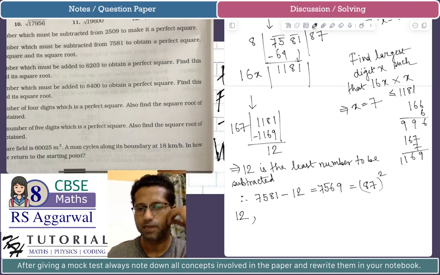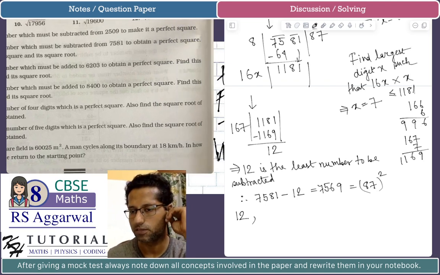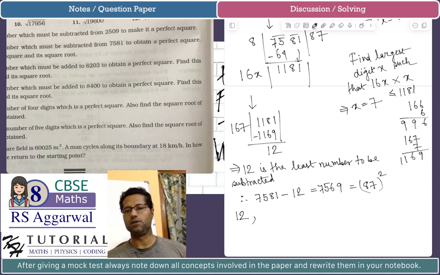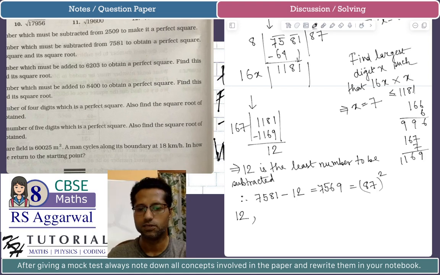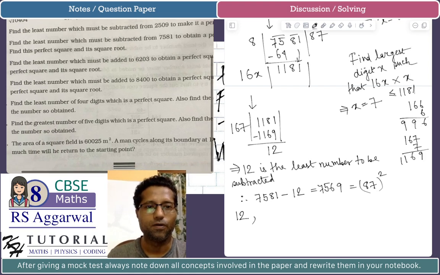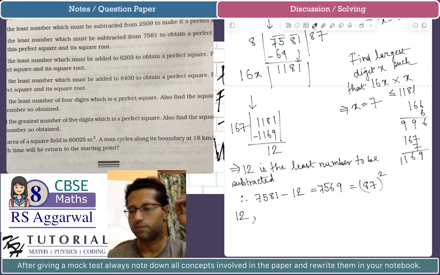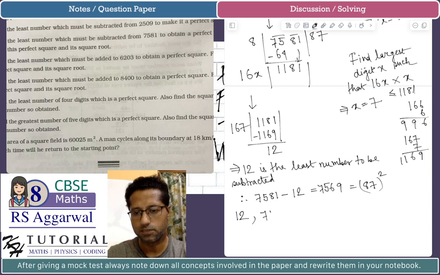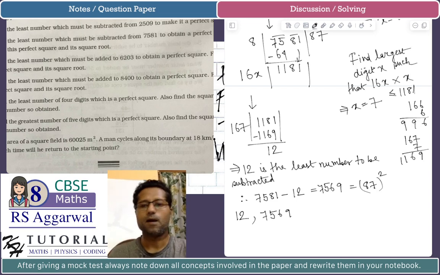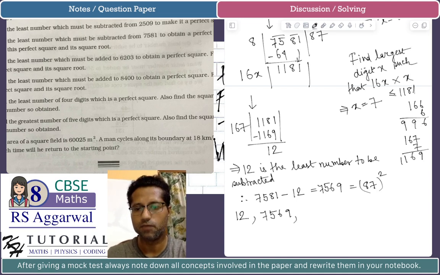So it has three questions: the least number that must be subtracted, which is 12; the perfect square, which is 7569; and the square root of 7569, which is the final question.